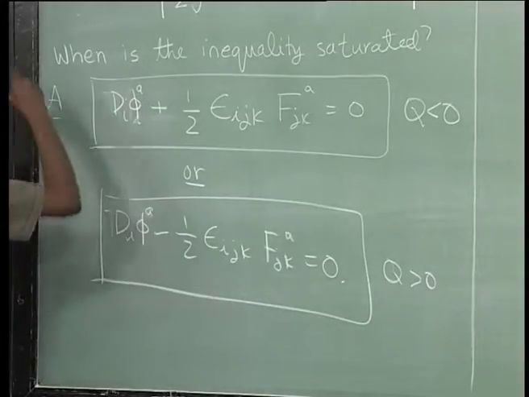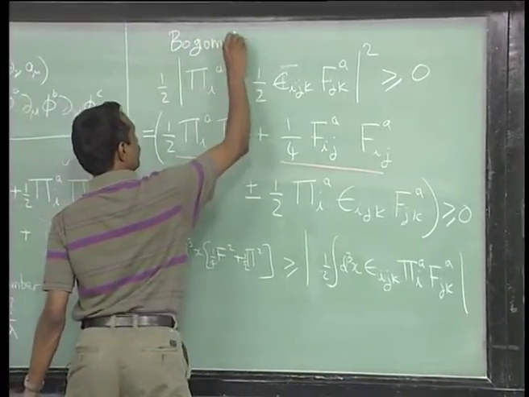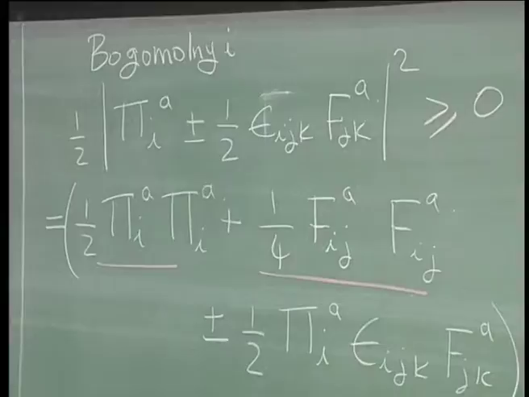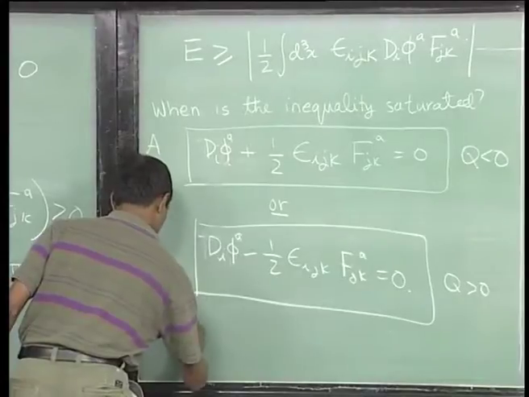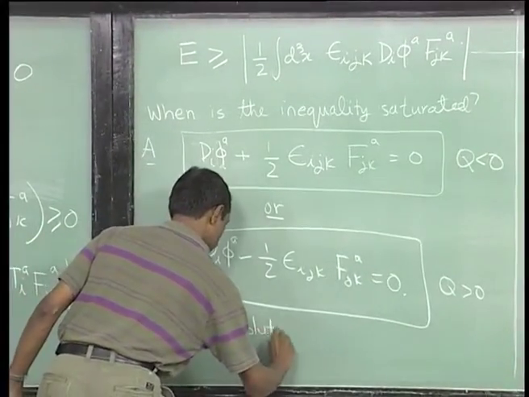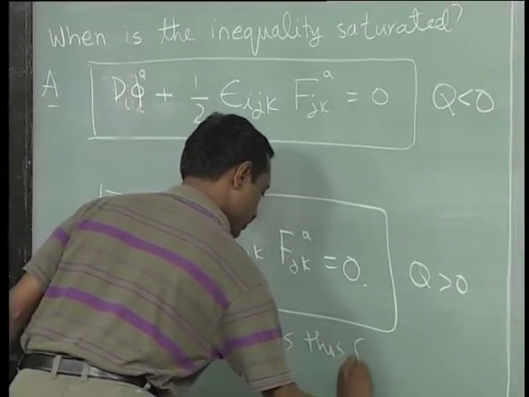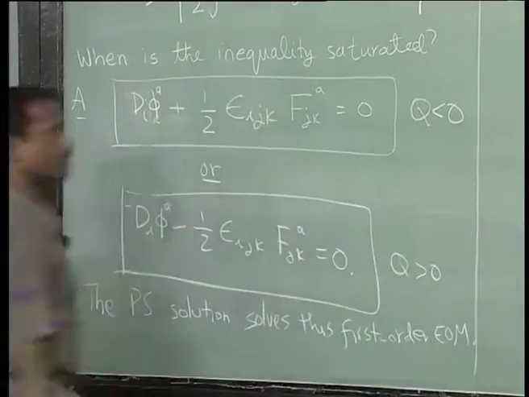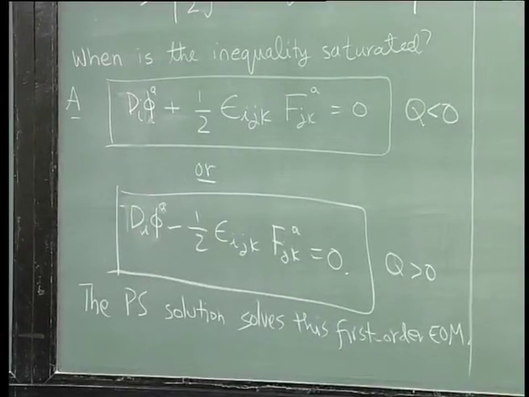This trick is due to Bogomolny, and the Prasad-Sommerfeld solution, which we looked at explicitly in the PS limit, solves this first order equation.